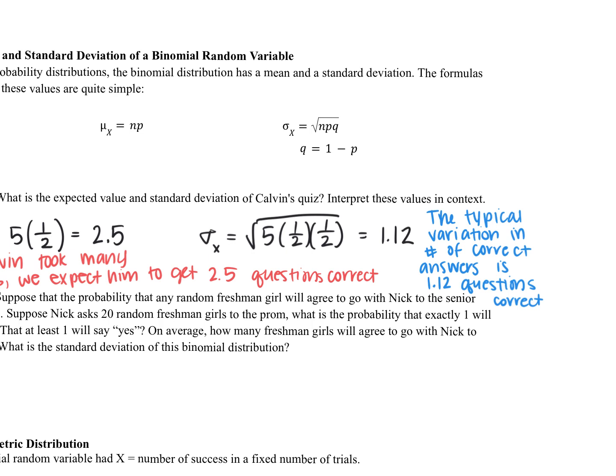So you interpret the exact same way we interpreted expected value and standard deviation when we were talking about just a general probability distribution in section 3.